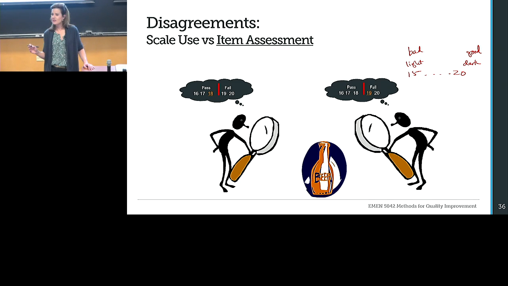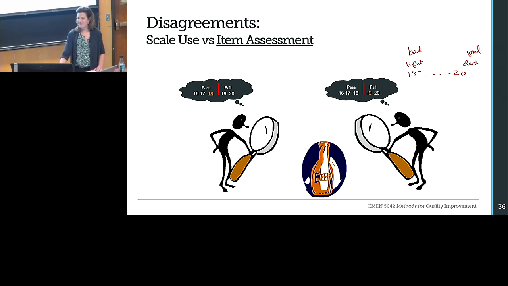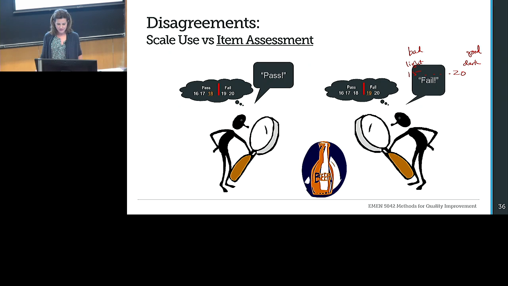She tastes it. She's like, this is a 19. This is in the top 10 of cakes I've ever tasted. Probably say that for every cake. Well, I pretty much say that for every cake, too. I don't think I've ever spit out a piece of cake in my life. Okay, so we're using a scale the same way, good to bad. It's just the item we assess differently. So pass. This person says fail.